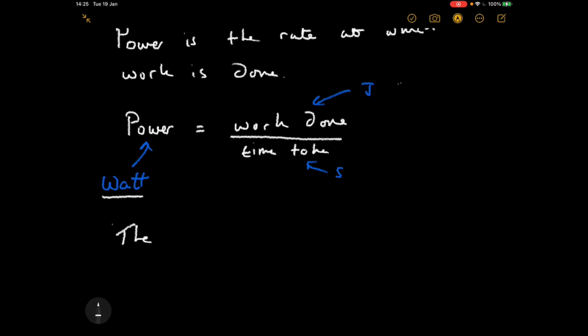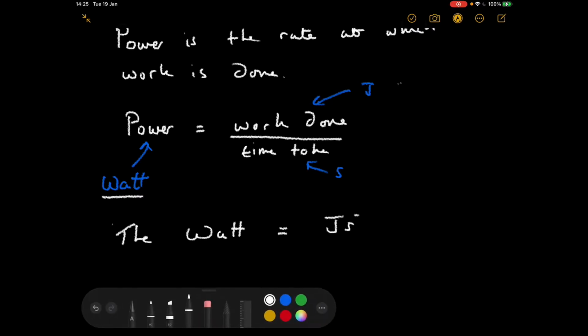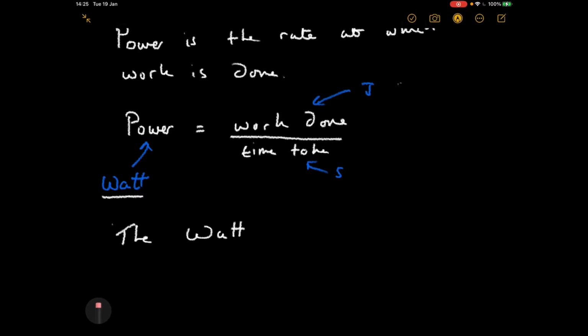So the watt is equal to joules per second.